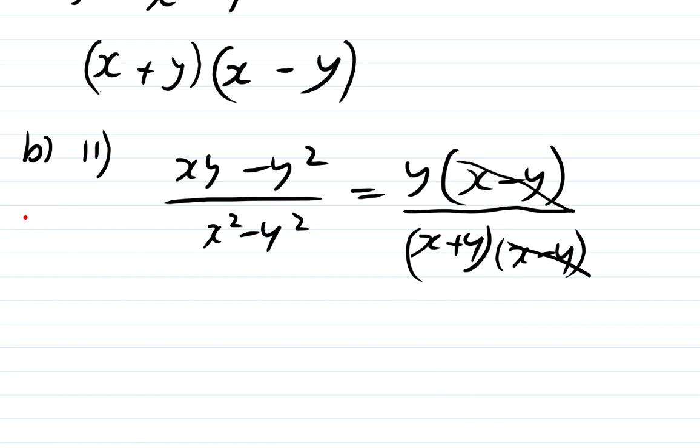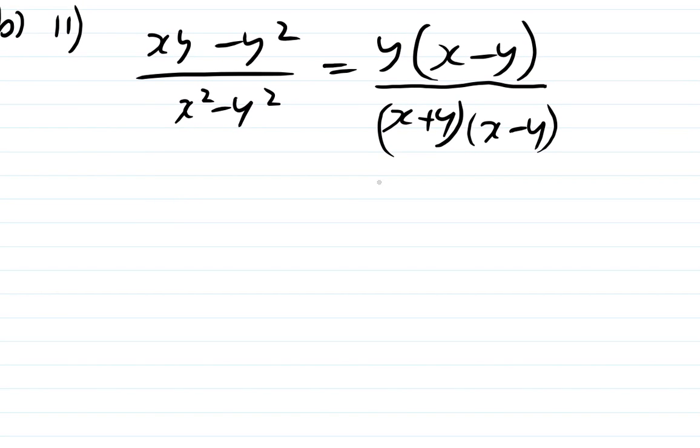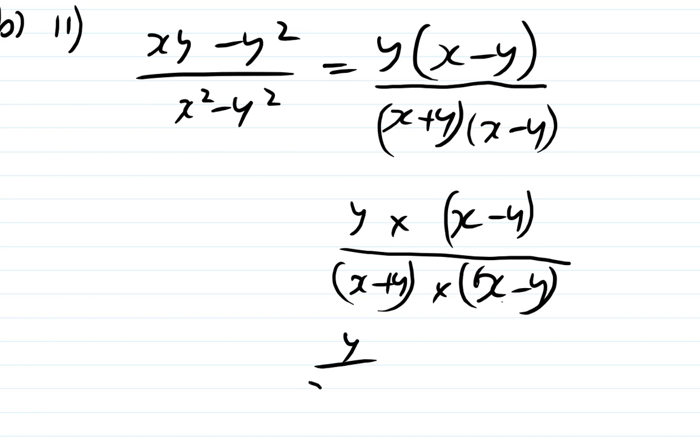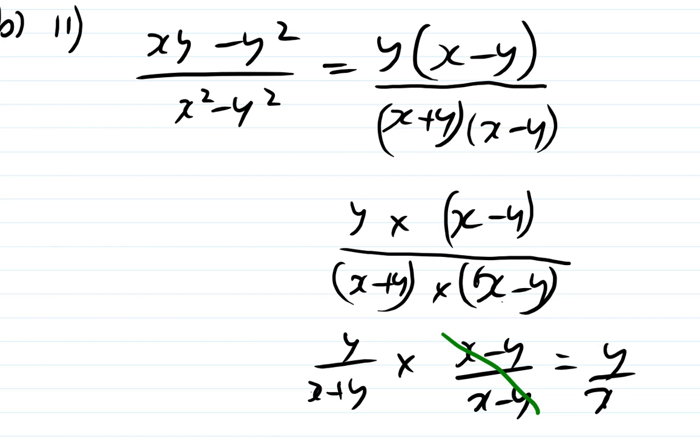Just to look at it in terms of explanation, what you have is y times x minus y over x plus y times x minus y. This can be written as y over x plus y times x minus y over x minus y. So in this case, they would cancel. So what you have left is y over x plus y.